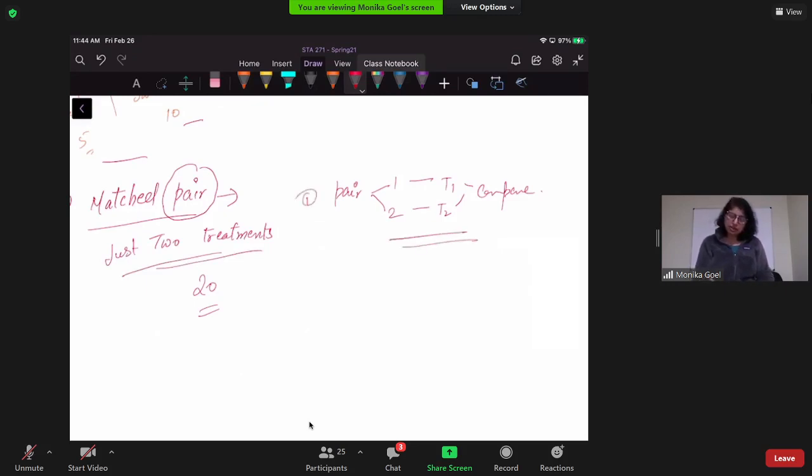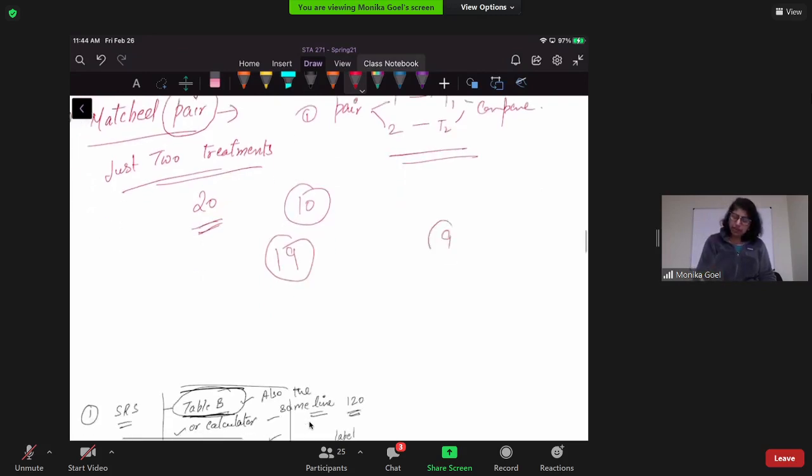Let's say for 20 subjects, I have 10 pairs. So each pair will get two treatments and then you compare within each pair. Let's say I have only 19 subjects. Then I have 9 complete pairs, but one pair is alone. So one pair has only one subject, but I need to give two treatments.